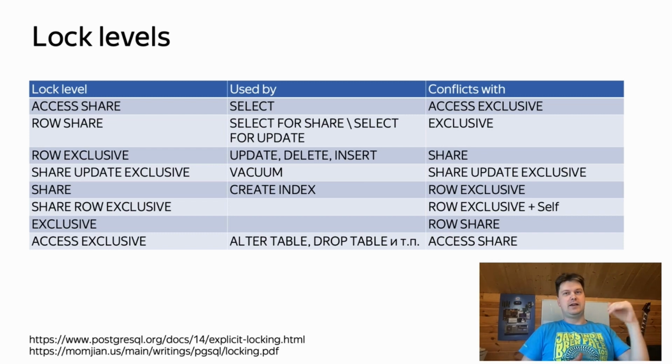And this lock conflicts with the exclusive lock of a table. If you are doing updates and deletes, you get a so-called row exclusive lock, which conflicts with the share lock taken by create index. And in the middle we have share update exclusive lock, which is just like row exclusive, but it conflicts with itself, and this lock is taken by vacuum.